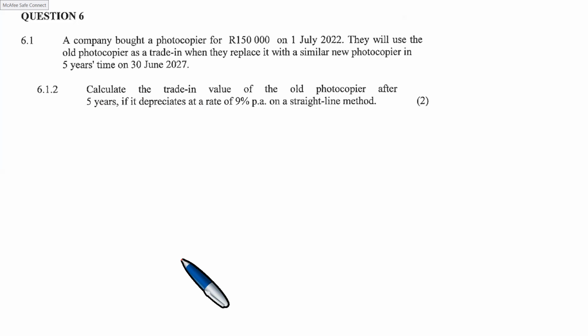We're going to use a timeline to interpret this question to make sure that our interpretation is very clear. We need to calculate the trade-in value of the old photocopier after 5 years, if it depreciates at a rate of 9% per annum on a straight line method. What is the trade-in value of the old photocopier?